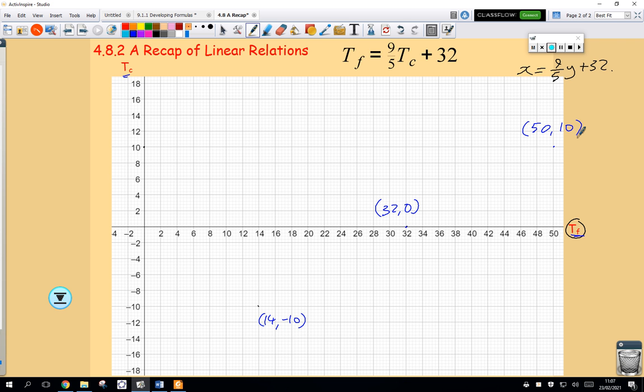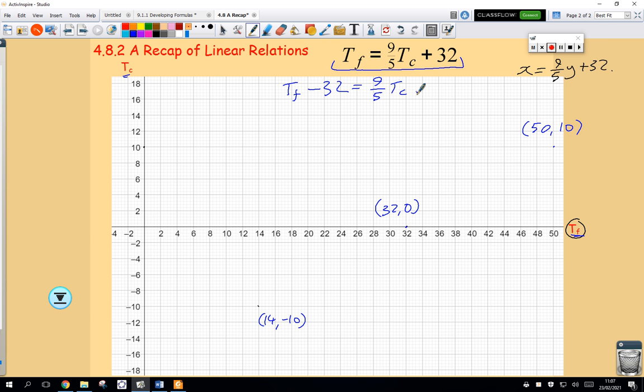We could start to establish a relation. The other thing I might be interested in doing is changing the subject of this formula. I can do that first by subtracting 32 from both sides. So the temperature in Fahrenheit minus 32 will be 9/5 of the temperature in Celsius.